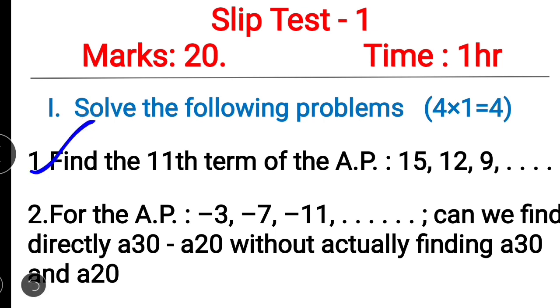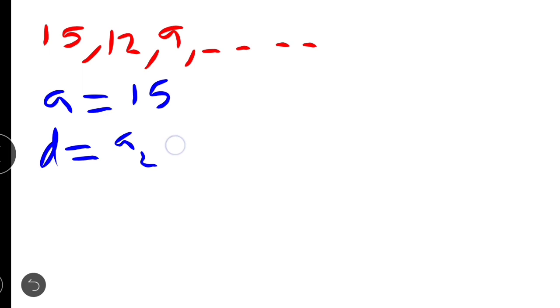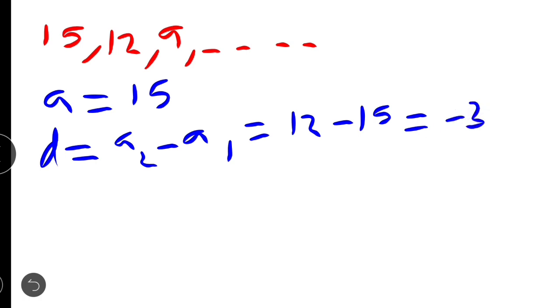First question, find the 11th term of the AP 15, 12, 9, and so on. To find the 11th term, we need the A and D values. A means the first term, that is 15, and D means the common difference, so A2 minus A1. A2 value 12 minus 15 is minus 3.